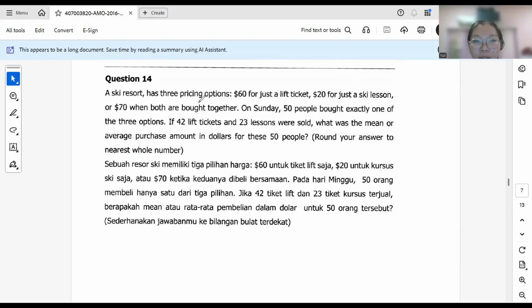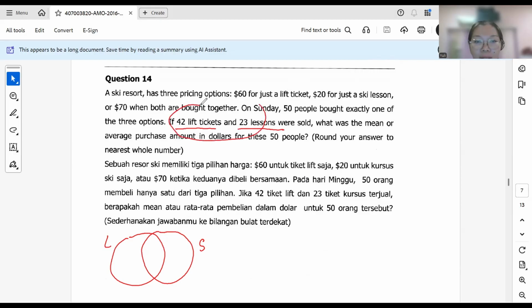It has 3 pricing options: lift ticket, ski lesson, or both. Draw a Venn diagram. This is lift ticket, this is ski lesson, this is both. On Sunday, 50 people bought exactly one of the 3 options. 42 lift ticket and 23.